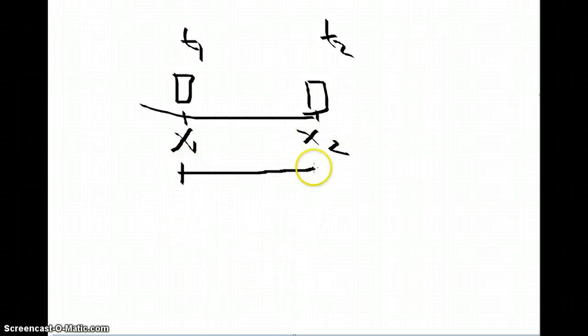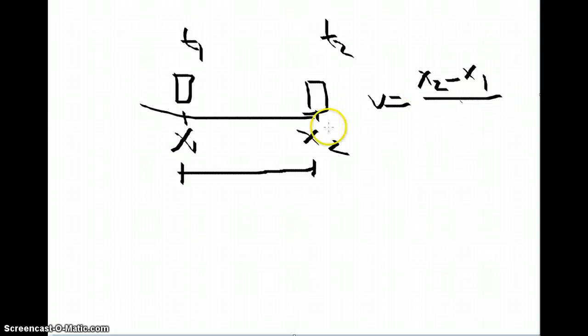Well, we could figure out how much distance the object had to travel. That would be x2 minus x1, and we want to figure out how much time it took to travel that distance. That could be t2 minus t1. That's basically like saying velocity, the speed that an object is moving in a certain direction, is equal to the change in distance over the change in time.